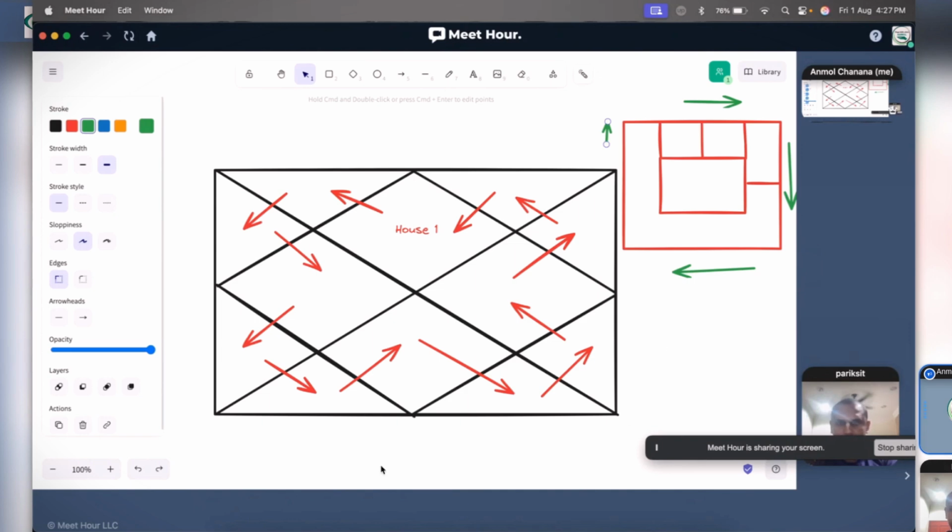Now, one major difference. In North Indian style, your houses are always fixed, but your Rashi moves, meaning your zodiac sign moves from chart to chart. In South Indian style, your Rashis are fixed, so your zodiac sign is fixed, starting from 1, 2, 3, 4, 5, 6 and so on, but the houses move.